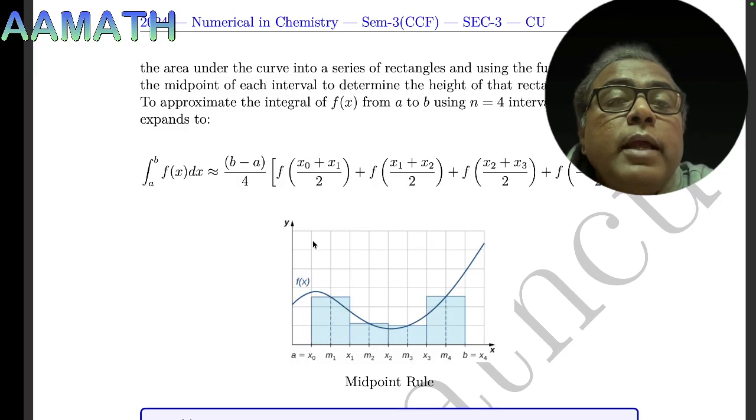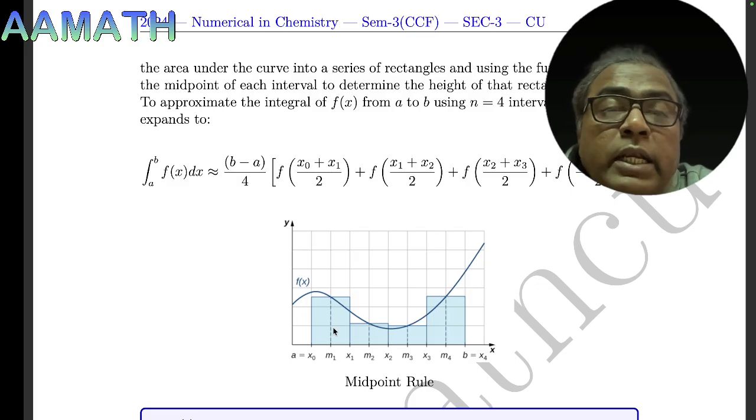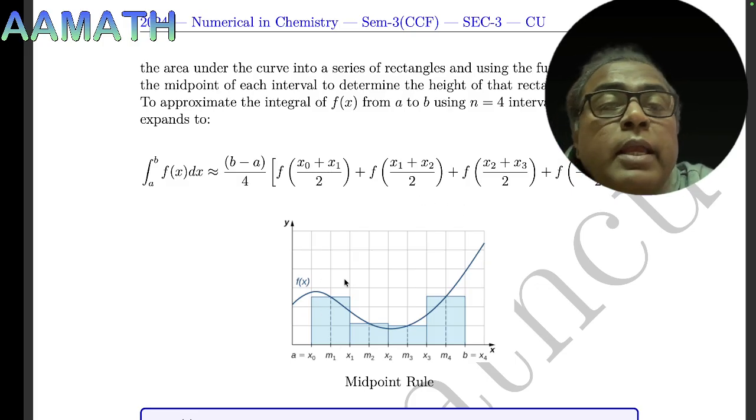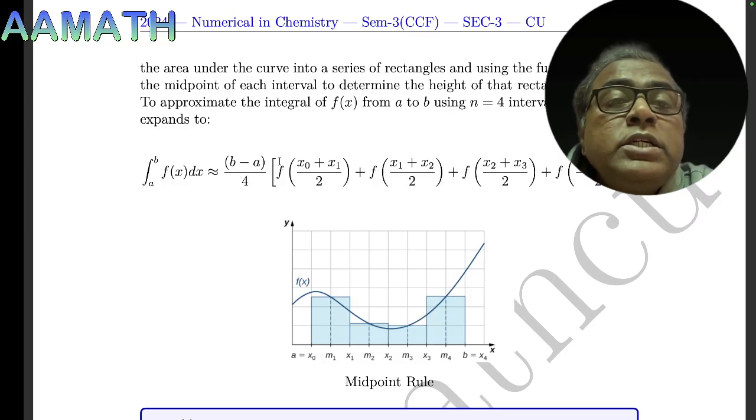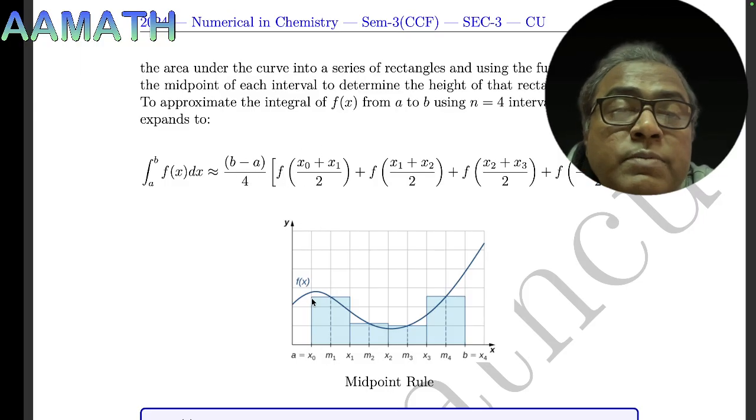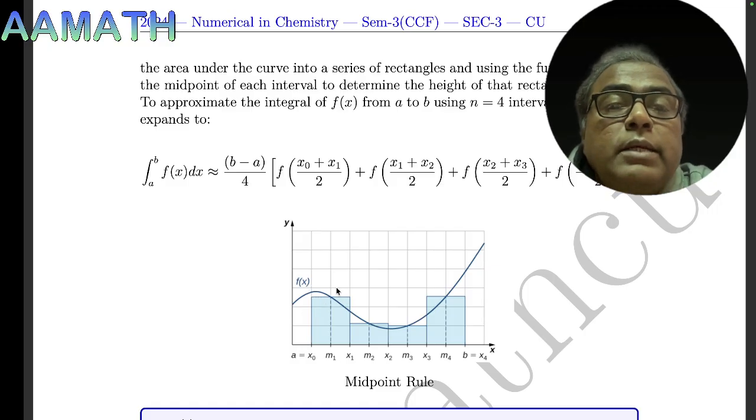So this is the height, and this height times the width is the area. The width is (b minus a) by 4. Actually, (b minus a) by 4 is the corresponding step length h, for the 4 subintervals. So h into f of m1 gives the area of this rectangle.